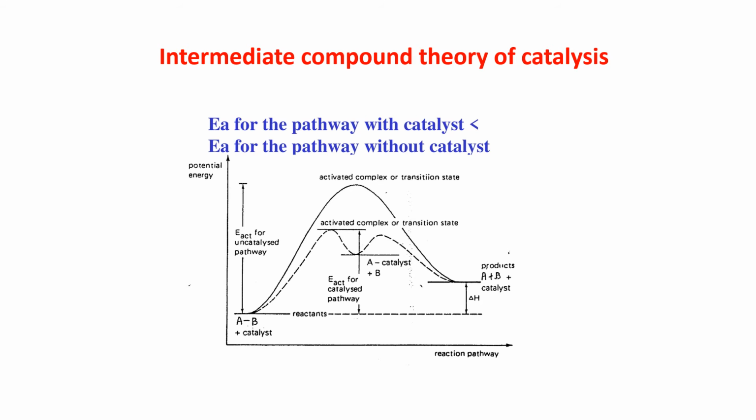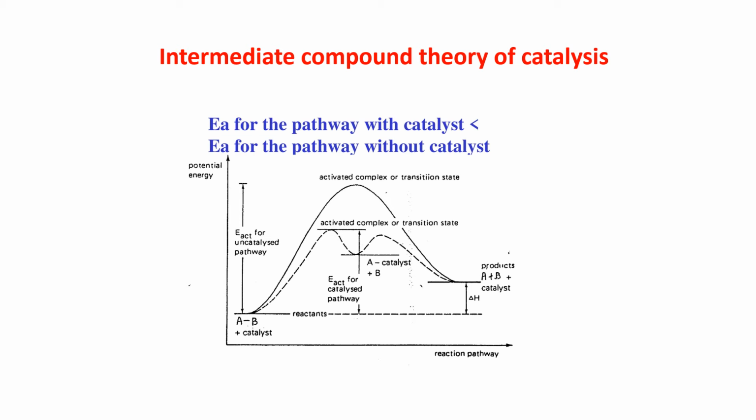Intermediate compound theory of catalysis is explained with the help of a graph which is shown here. Now it is saying that activation energy for the pathway with catalyst is less than the activation energy for the pathway without catalyst. Now in this graph you can see two lines. One is a black solid line and another is a dotted line.